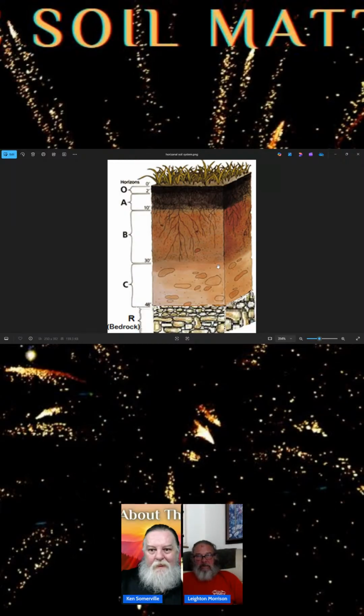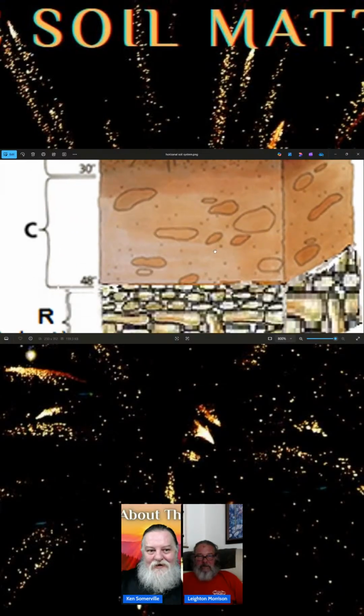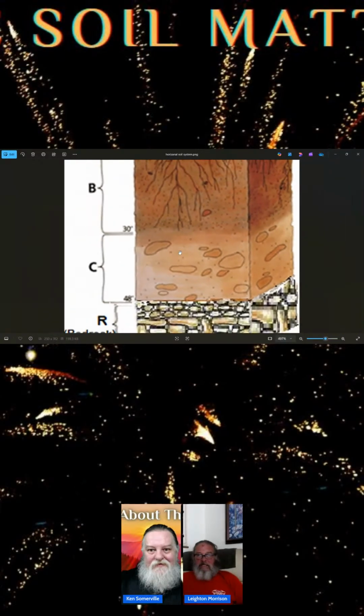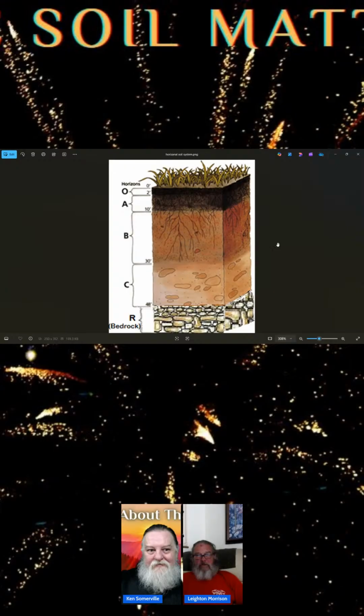Yeah, usually. But it could be a layer right above the bedrock. It looks here like the C layer has rock and sand. Visually, in my eyes anyway, they're showing more of a rock and sand layer. Yeah. Again, this is old science, 1800s old science. So you have to just take it with a grain of salt.